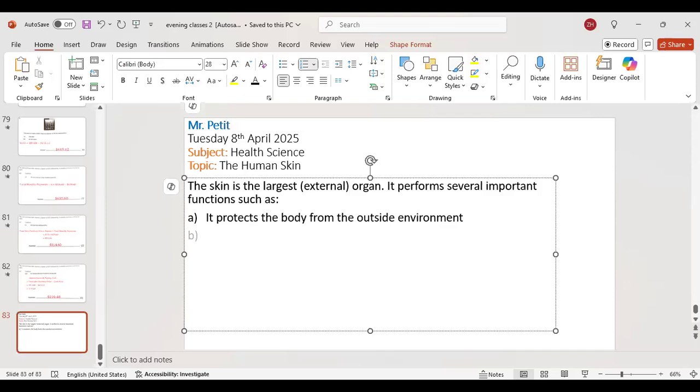Number two, it excretes sweat from the body. Number three, it helps regulate body temperature.